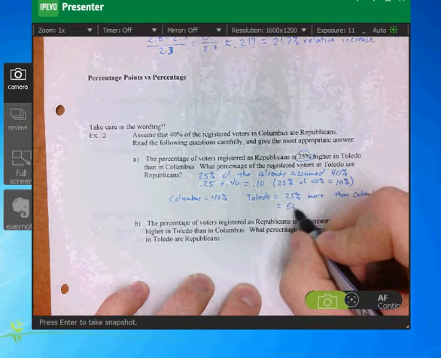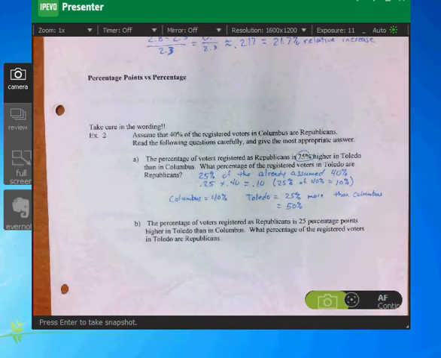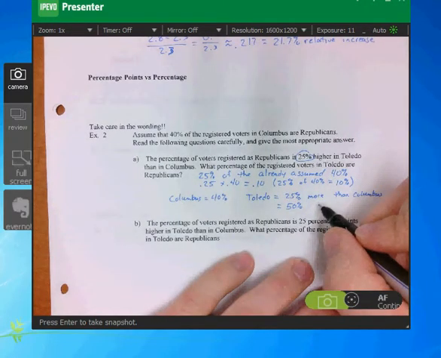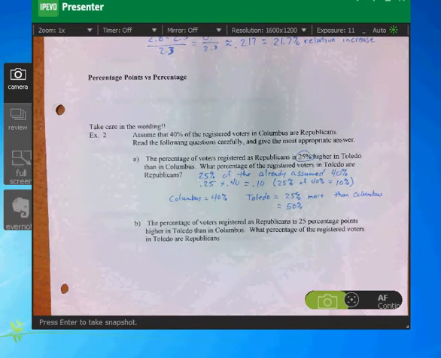So Toledo would be 50%. So 50% of the voters in Toledo are Republican.